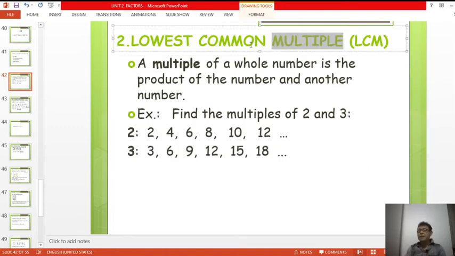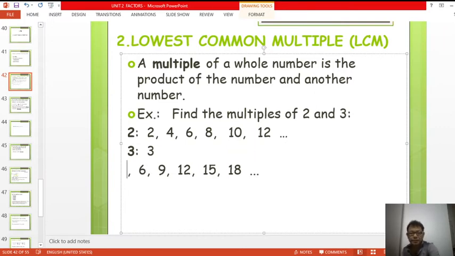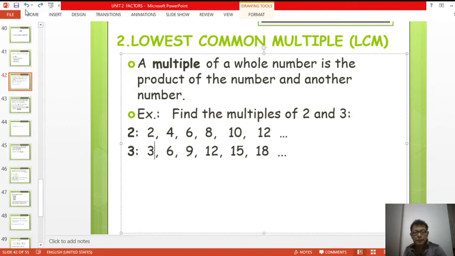The next thing: if the problem says find the common multiple, this is where we locate them. As we know, common means the same, right? So here in this problem, 6 is a common multiple of 2 and 3. So we write 6 here.